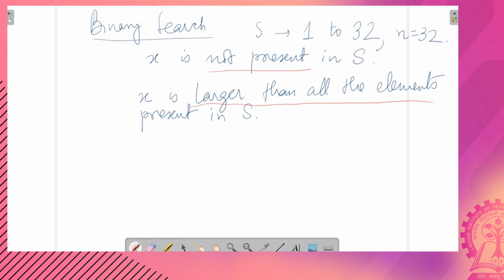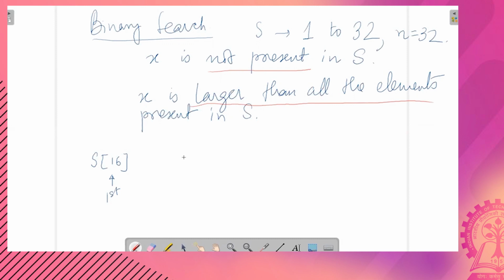So the first comparison that we will make is X with S mid. That will be the comparison with S16. So this is our comparison number 1. Now, of course, this will fail.